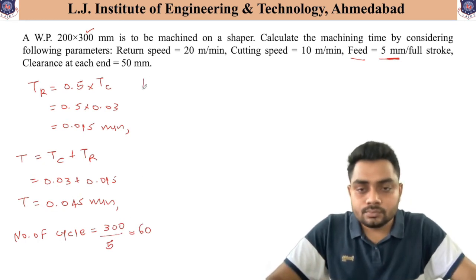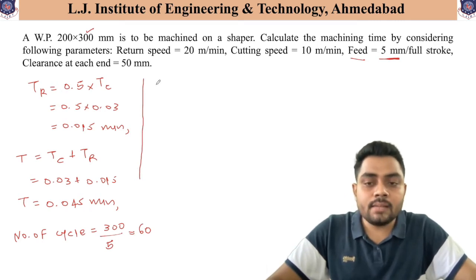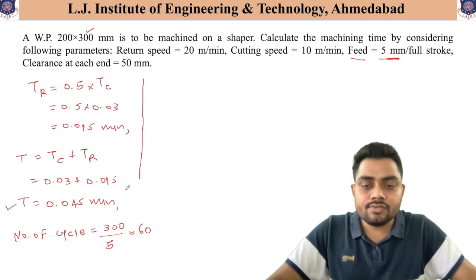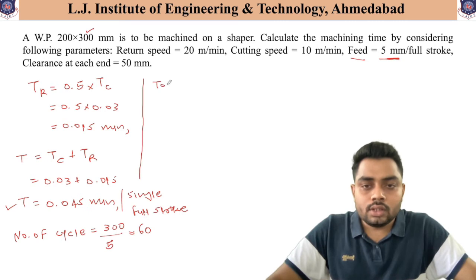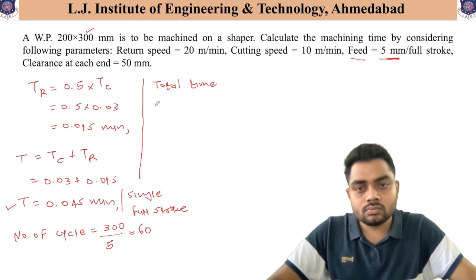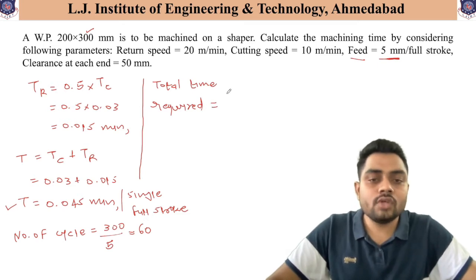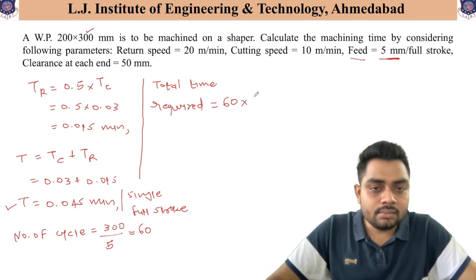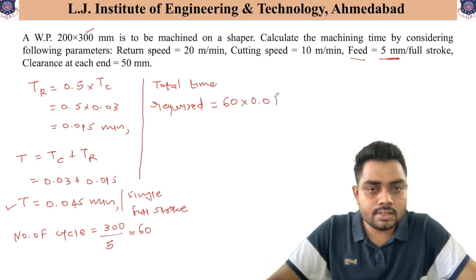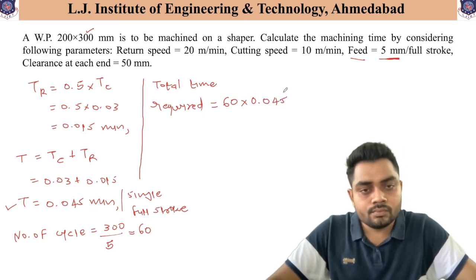So now, the time that we obtained is for what? For a single full stroke. Now the total time required is the total number of cycles multiplied by the time taken by a single cycle, that is 0.045.